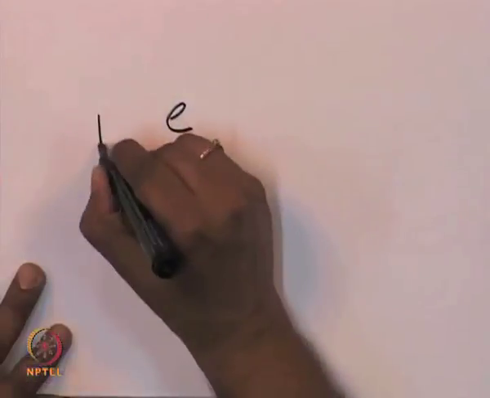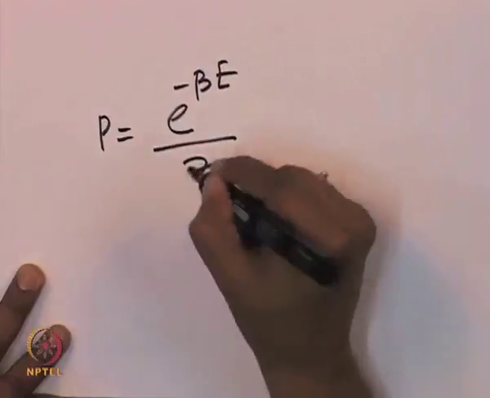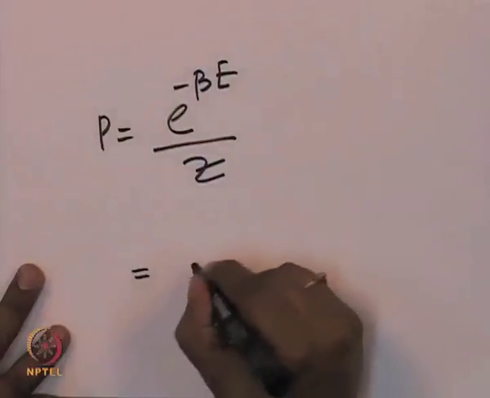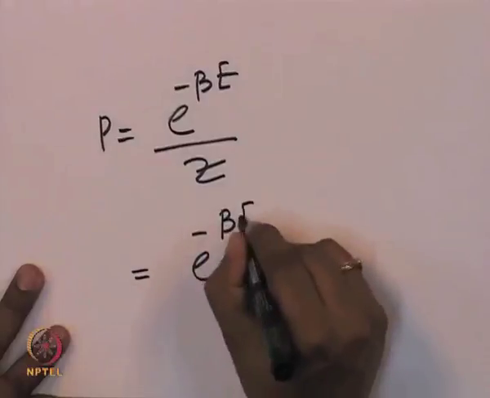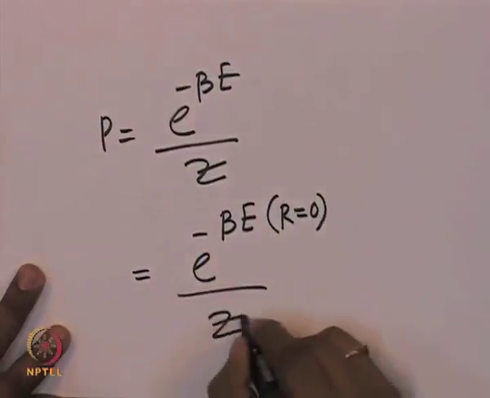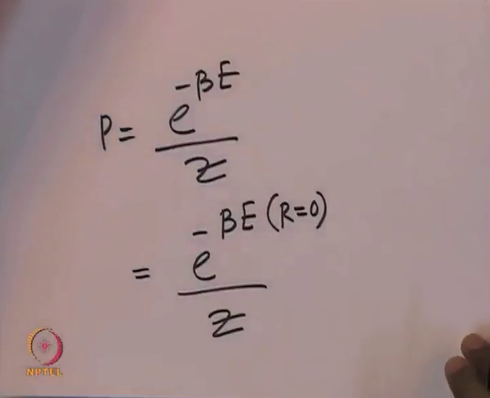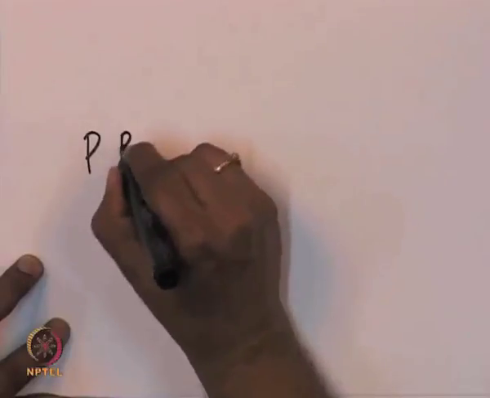We can calculate this by calculating the following quantity. We said that the probability is e to the power minus beta E divided by Z. So, we can calculate e to the power minus beta energy, such that r is equal to 0, divided by Z. This will give us the answer. In general, we can also calculate the probability for the DNA to have any end to end distance r.